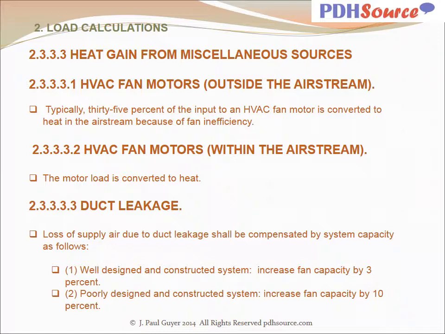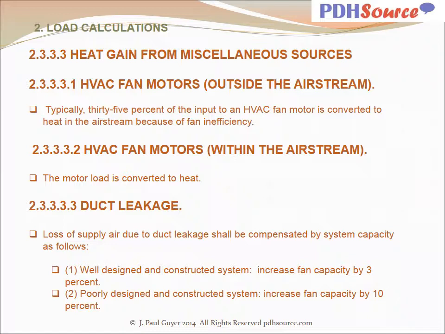And there are other miscellaneous sources of heat gain, which must be compensated for by the cooling capacity of your HVAC equipment. Another consideration also is that the duct system that is distributing the air around the building leaks, and duct systems are typically fabricated of galvanized steel, sometimes fiberglass, and there are some other systems that are used for the ducts, but they all leak.